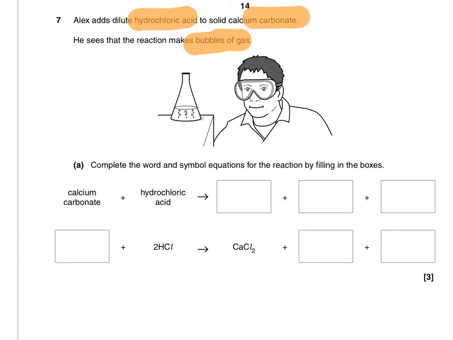So it requires us to remember our general equations. And what we've got here is a metal carbonate and an acid. And we should be able to remember that makes a salt, symbol form of which is given. It makes water, and it makes carbon dioxide.